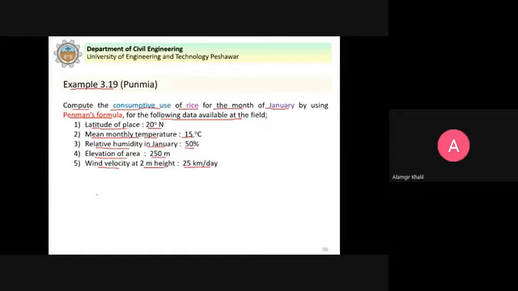Now we already know that we have to use the Penman equation. That is ET, the evapotranspiration, and this is given as A into H, plus alpha into EA, divided by A plus alpha.